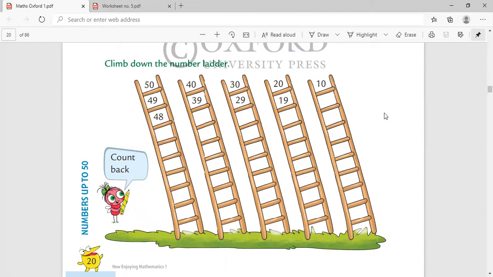Remember, backward means पीछे से. 50, 49, 48.